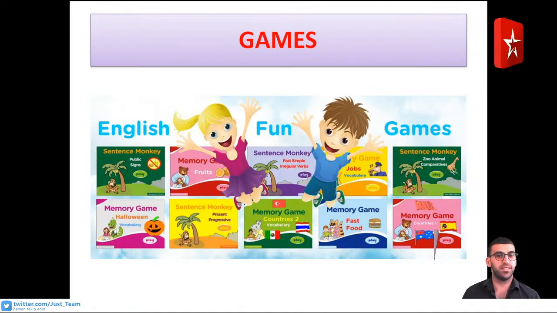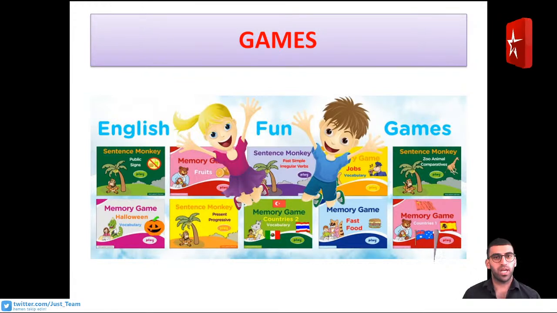We have Sentence Monkey, Memory Game, Public Science, and games about the tenses, pictures, colors, numbers, countries, nationalities, everything, okay? Or about food, about vocabulary.